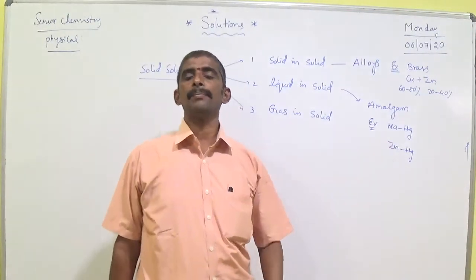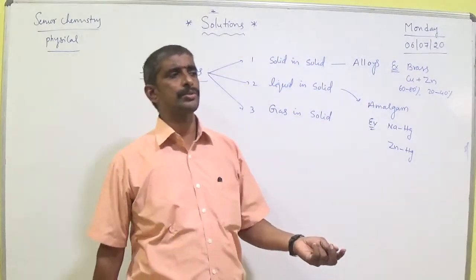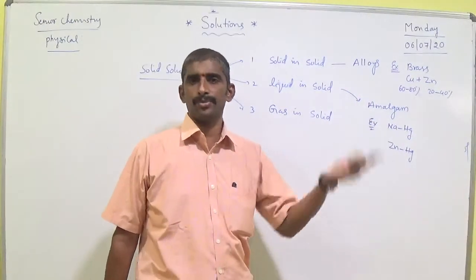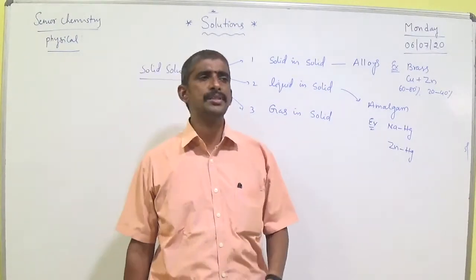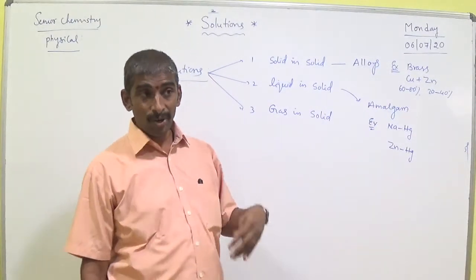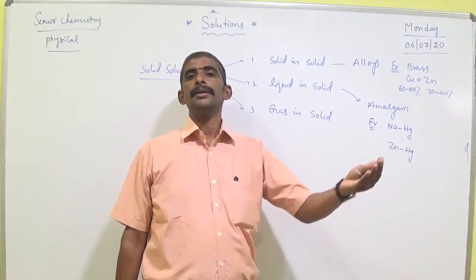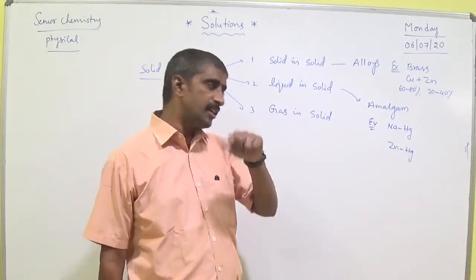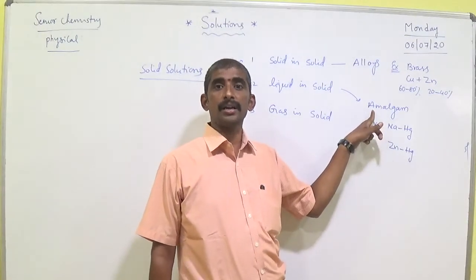In organic chemistry, reducing agent means gaining of hydrogen atoms, nascent hydrogen atoms. Oxidizing agent means gaining of nascent oxygen atoms.